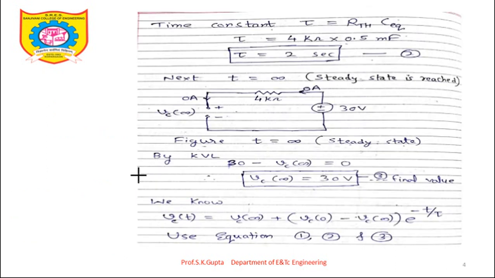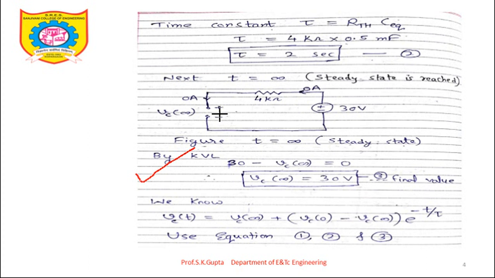So Vc infinity is 30 volt, the final value, equation number 3. Now use this equation to calculate the voltage across the capacitor. Vc(t) equals Vc infinity, the final value, plus initial value minus final value, times e raised to power minus t by tau. Use equations 1, 2, 3 and put the values.